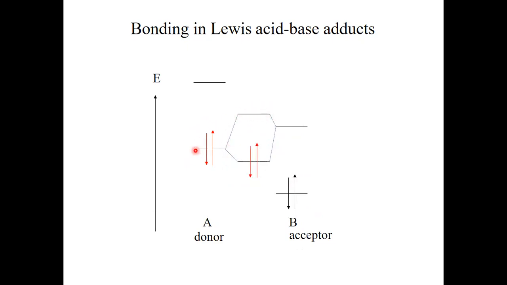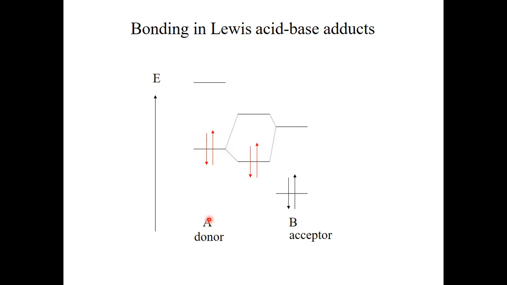The two electrons coming from the donor would again go into the bonding molecular orbital. But now that bonding molecular orbital would be localized primarily at the donor A. That means that we would have a polar dative covalent bond, which is now polarized toward the donor A.